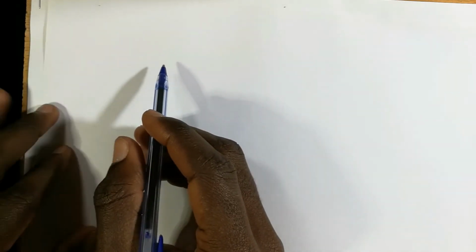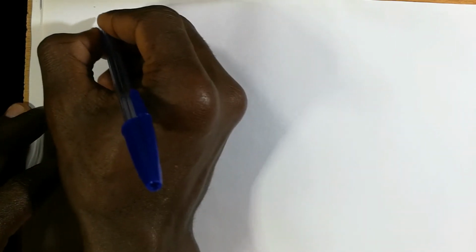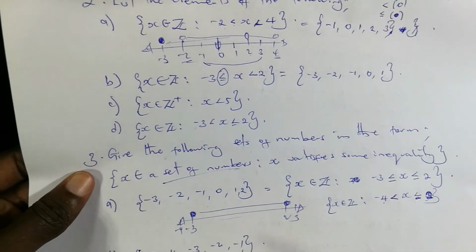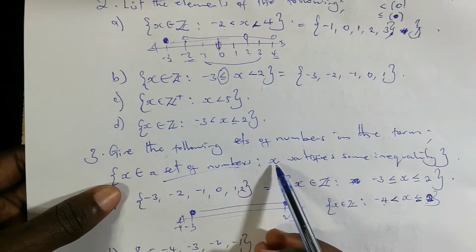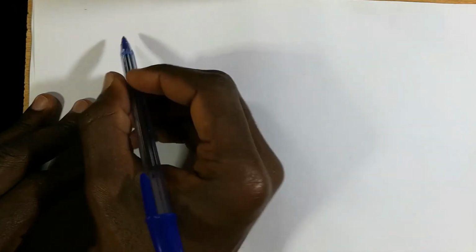Another one we can see is this one, still under the same kind of question, still expressing as a solution set. Now we try to look at a question which has a number line.